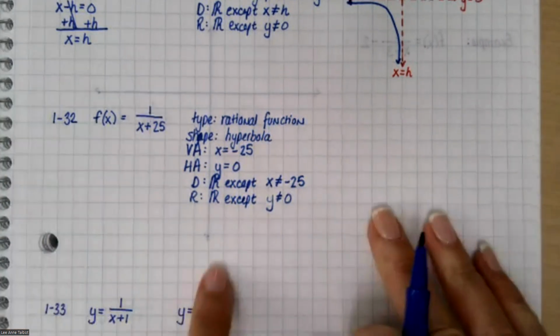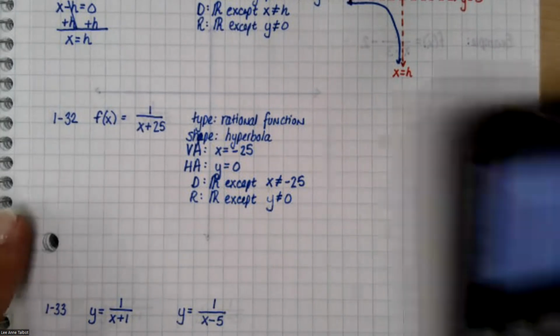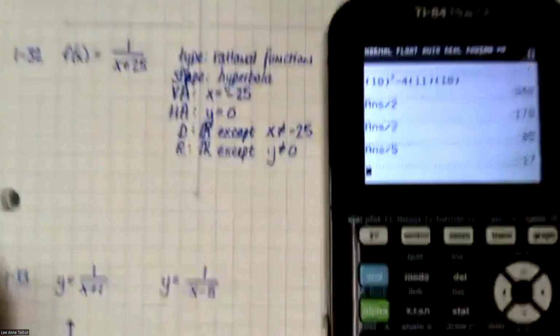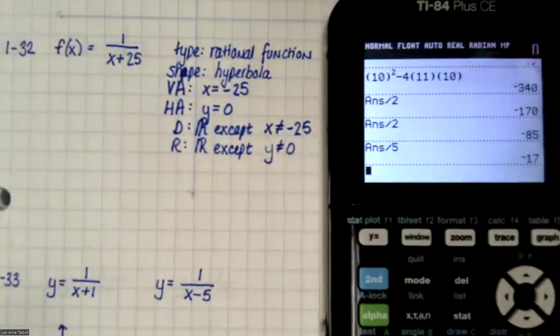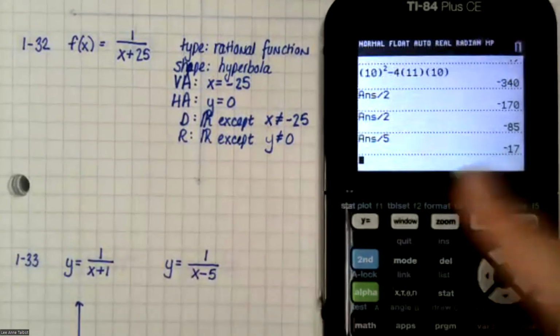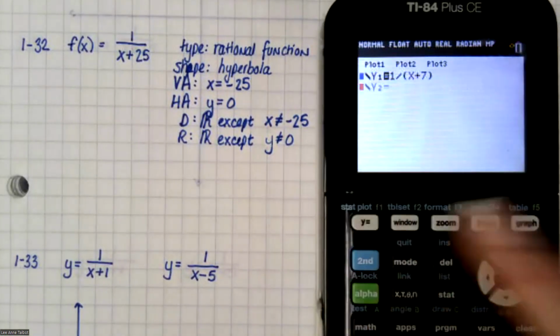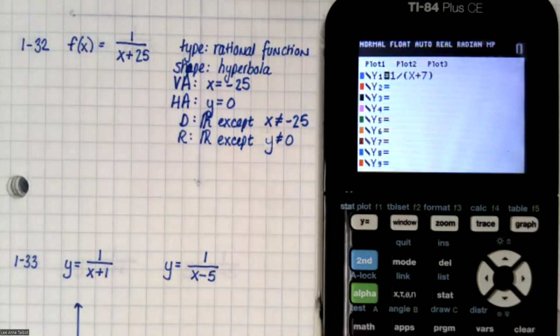Okay. So turn your calculator on. Probably don't have a bunch of warm-up stuff on there. Hit y equals. And you might still have this in here from yesterday. If you do, you're kind of lucky.